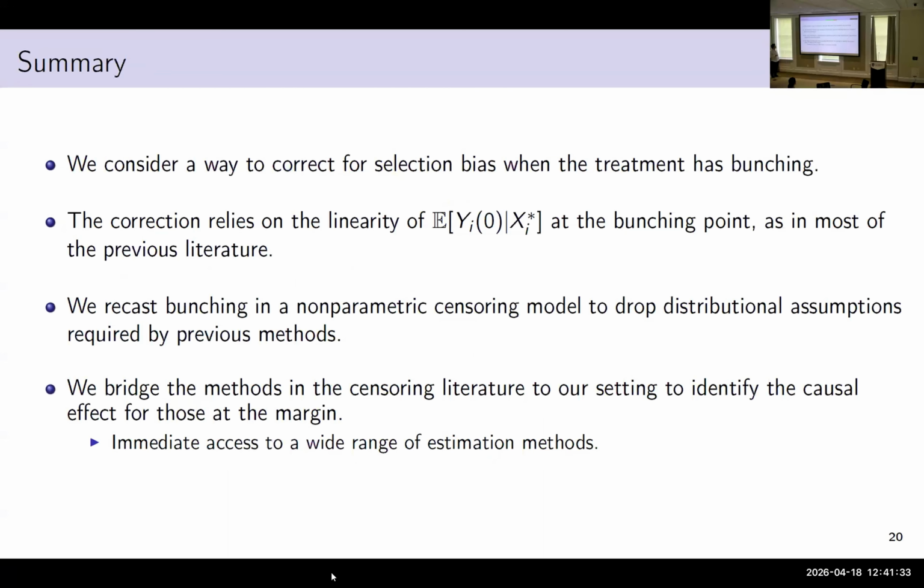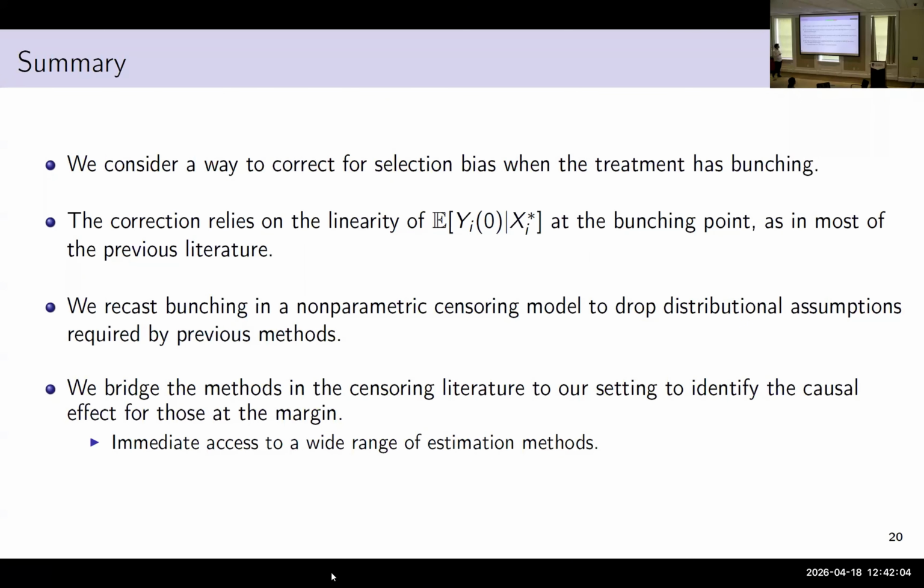Okay, so summary. We're thinking about these ways to correct for selection bias when the treatment has bunching on the corner of the distribution. The correction relies on linearity of the expectation of the untreated potential outcome on the selection variable. That's, to Stefan's point, to map selection bias to the expectation of the selection variable on the negative side.